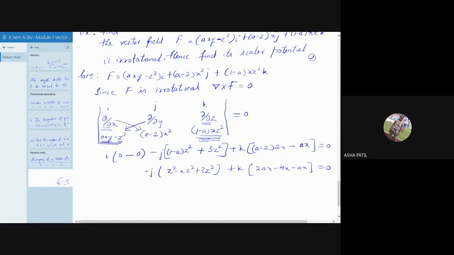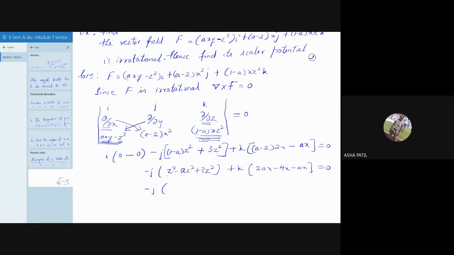I want the value of a. Can anybody tell what's the value of a? 4. Which term have you taken? z square minus az square plus 3z square.